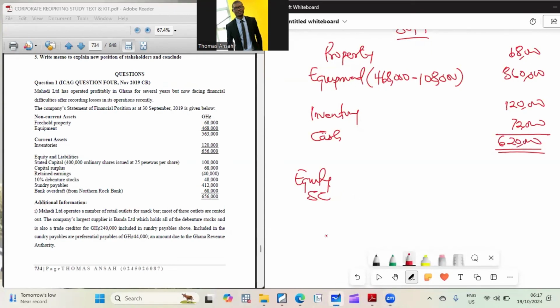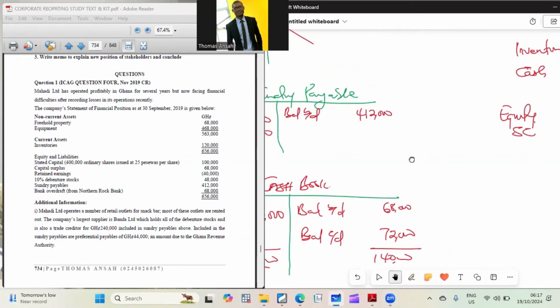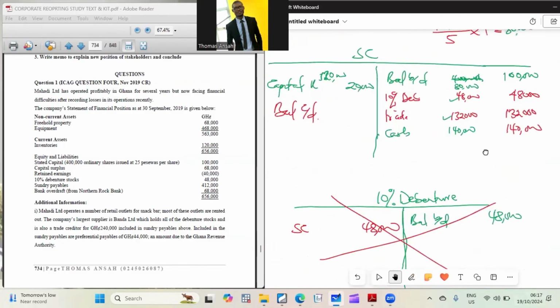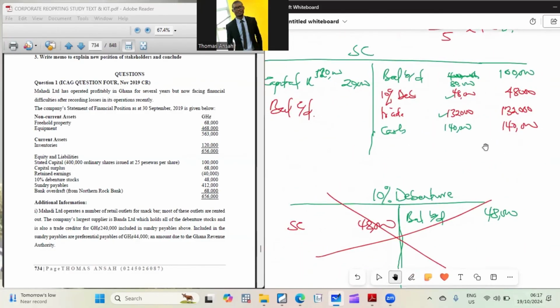So our stated capital, what did we get as our balance? And please don't waste your time putting totals here. You don't have the luxury of that time in an exam. Just get this figure.